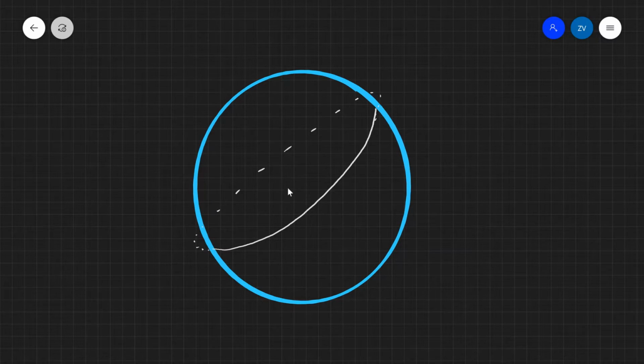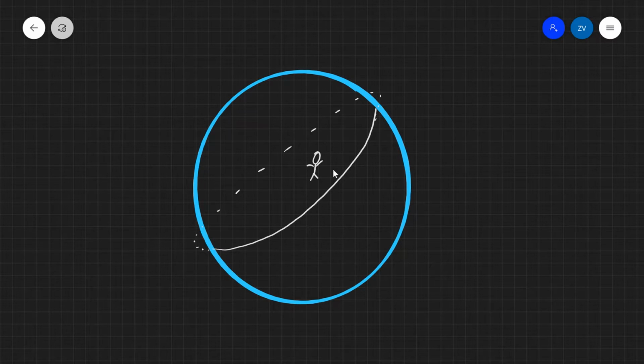Imagine you are an observer, this is not drawn to scale by the way, out on the planet looking for the satellite. If this satellite is tilted at an angle, even if the orbital period is still 24 hours, then because of the angle of the orbit, the satellite will appear to move with respect to the observer.